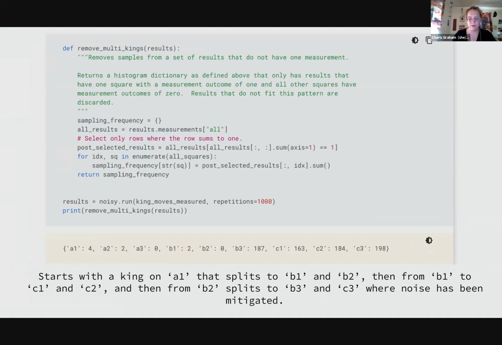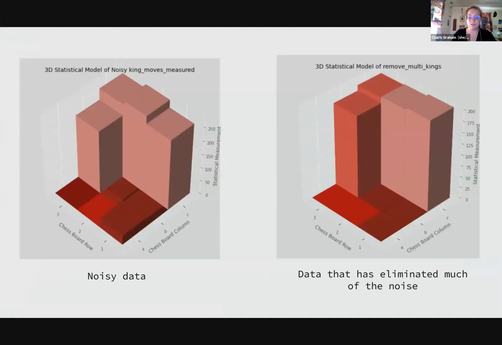So that's where I came in and made this thing where you can see the noisy data down here, where it's a lot more messy, and then once it's eliminated the noise, it looks a lot more clean cut.